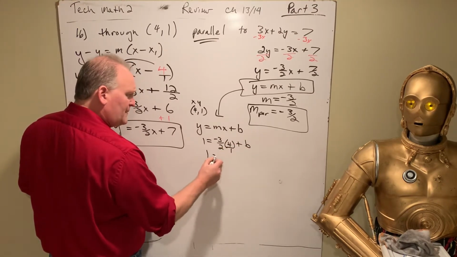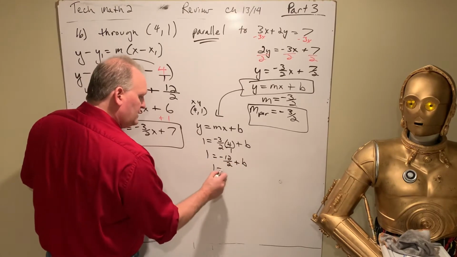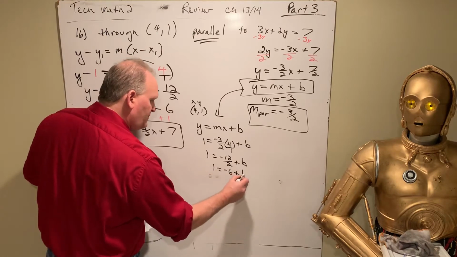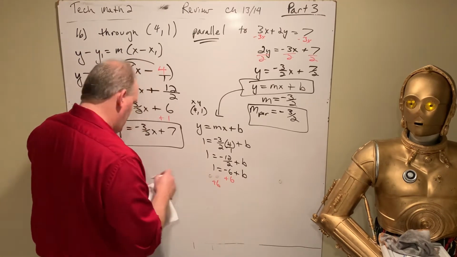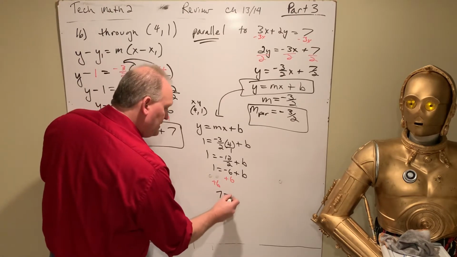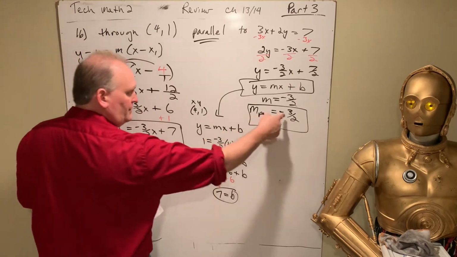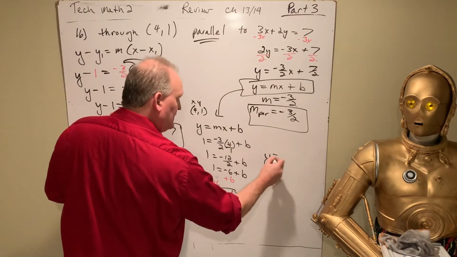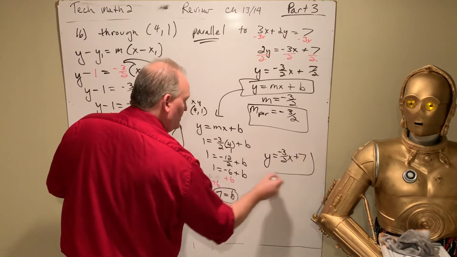Top times top, bottom times bottom: negative 12 over 2 plus b. 1 is equal to negative 6 plus b. Then add 6 to both sides, and we have 7 equals b. Now we have the slope and b, and we write our equation: y = negative 3/2 x + 7.